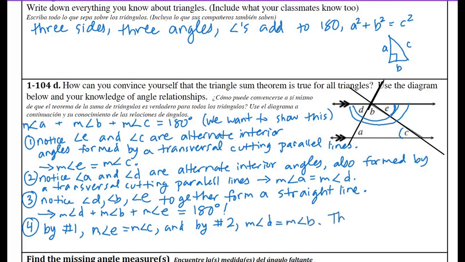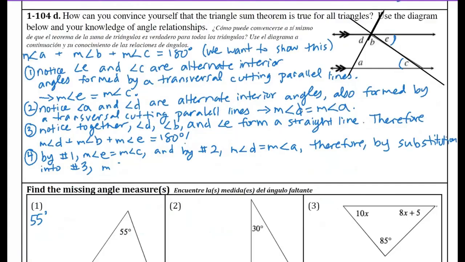Therefore, by substitution, the measure of angle A plus the measure of angle B plus the measure of angle C equals 180 degrees. And that's what we wanted to show, so we're done.